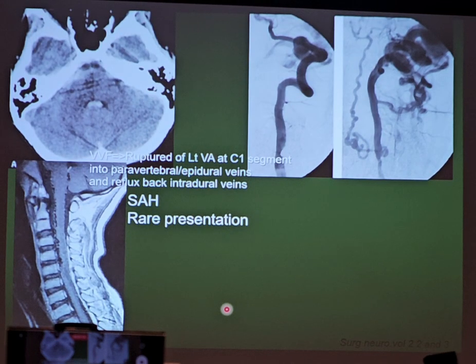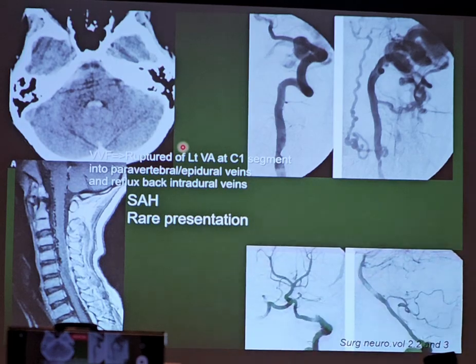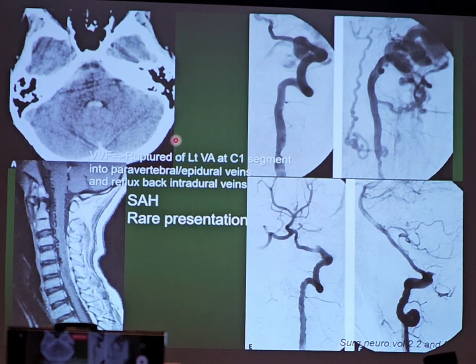For example, in this example in Pierre's book, we see that subarachnoid hemorrhage was there, and the left vertebral injection shows immediately the veins at the C1 segment of the vertebral artery, and retrograde filling back into the intradural veins created this bad hemorrhage, for which by that time embolic material was used to stop the fistulas at the location.